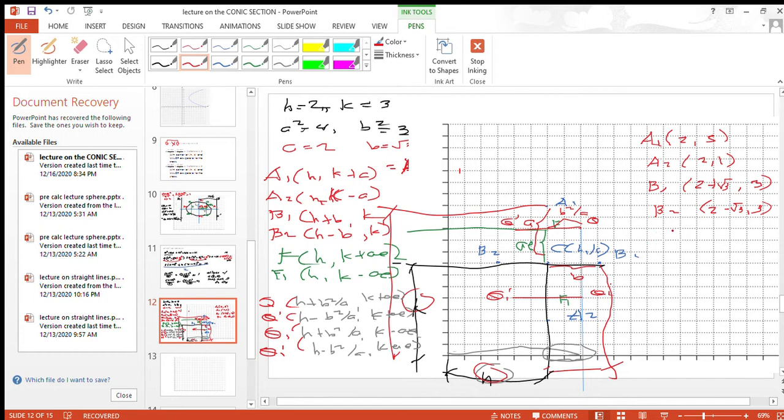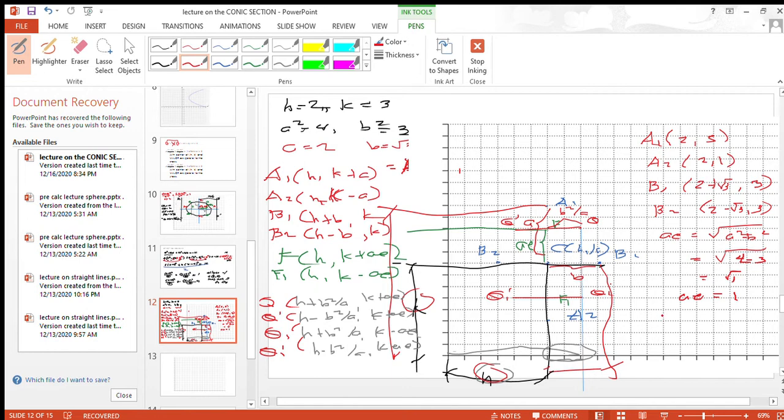Tapos si K, kailangan muna natin si AE. Ano ba si AE? Diba AE is the square root of A squared minus B squared. A squared is 4, B squared is 3, square root of 1. Therefore, AE is 1.